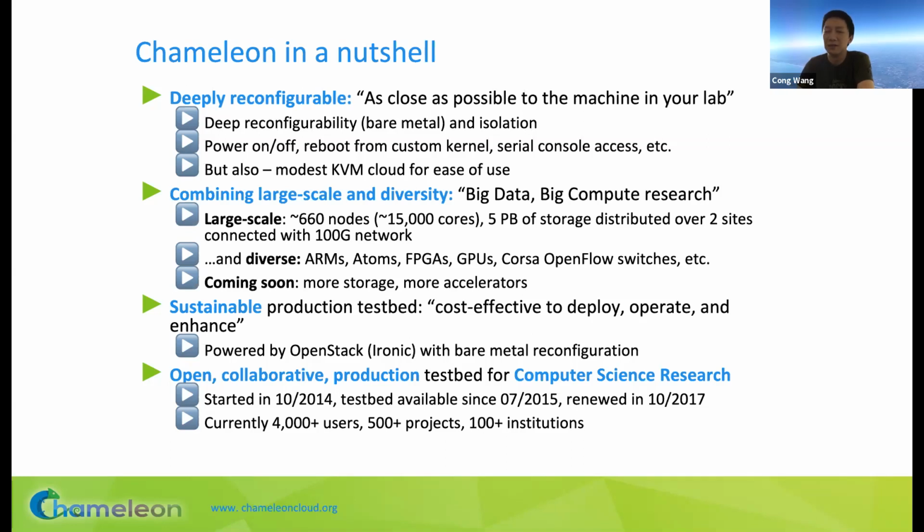And you can even own a so-called CHI-in-a-Box, Chameleon Infrastructure in a Box, to run your own Chameleon node at your institute or location. Chameleon is powered by the OpenStack software, an open source software with bare metal reconfiguration. Chameleon is also an open, collaborative production testbed for computer science research.